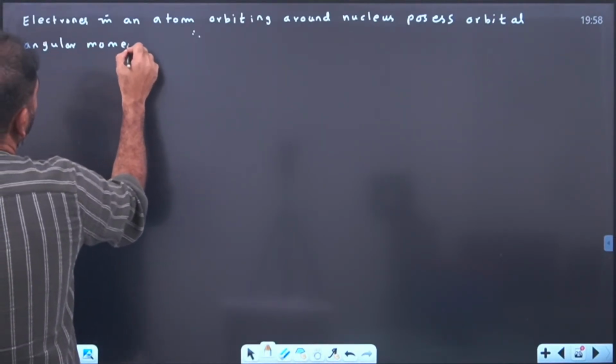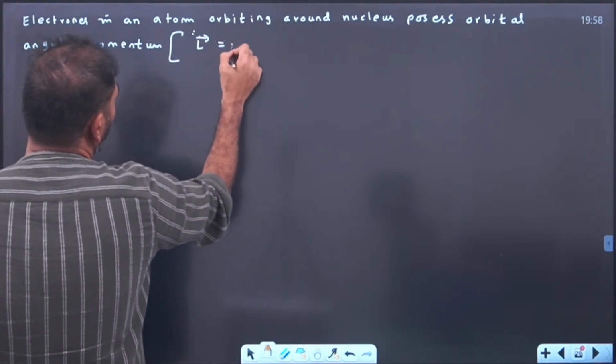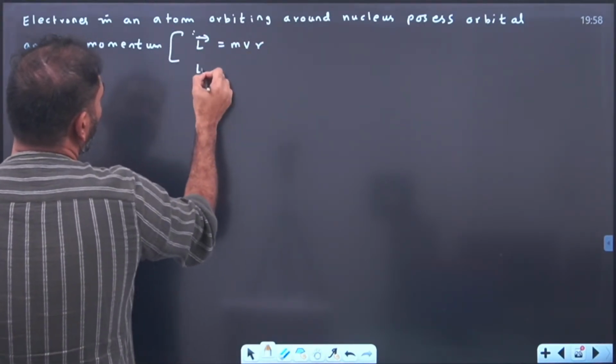I hope you know that equation. The orbital angular momentum equation is L vector equal to, you can write mvr, or L vector equal to what?